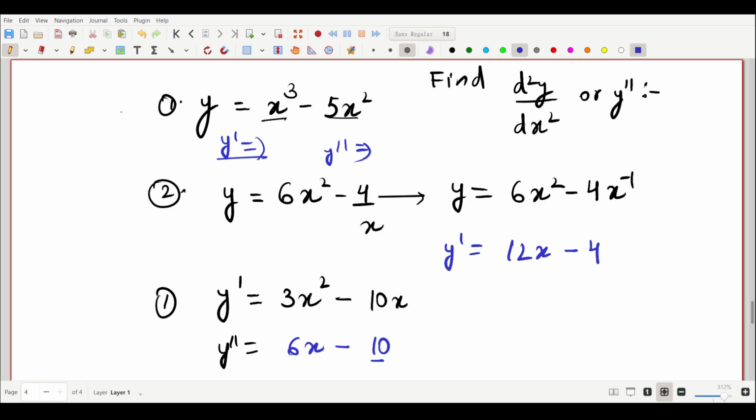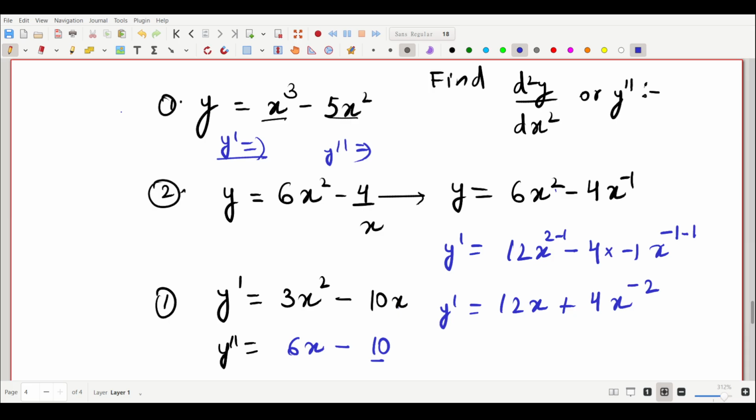The power of x is minus 1, which will come down in multiplication, and the power of x will be reduced by 1, minus 1 again, because we subtract power always. So y dash equals 12x plus 4x to the power minus 2.